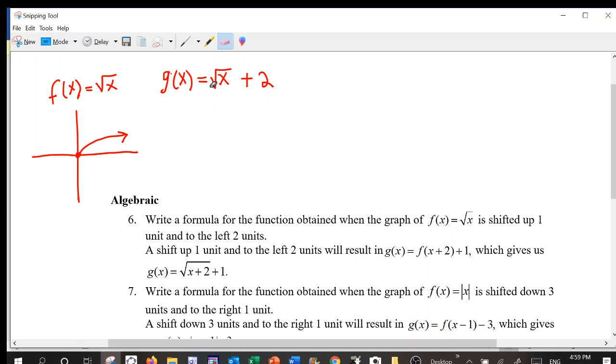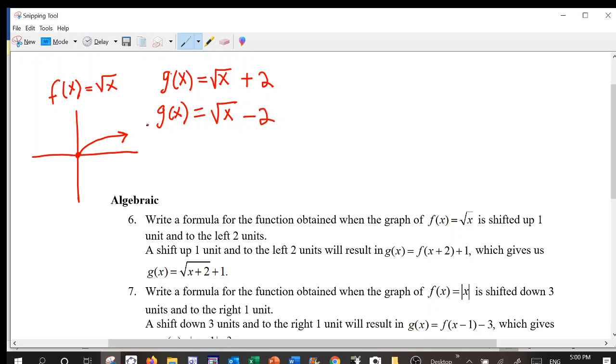And the answer is that if you add to the right hand side, it's like adding to the y coordinates of the points. So they all go up 2 units. Now, what if you subtract from the right hand side?